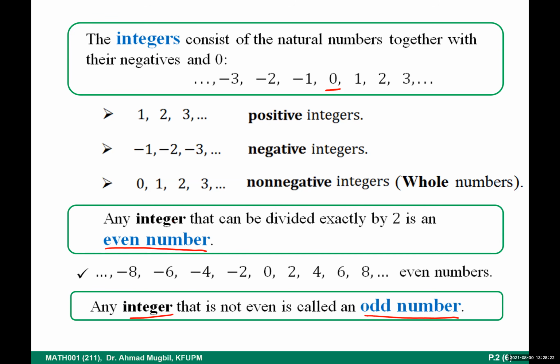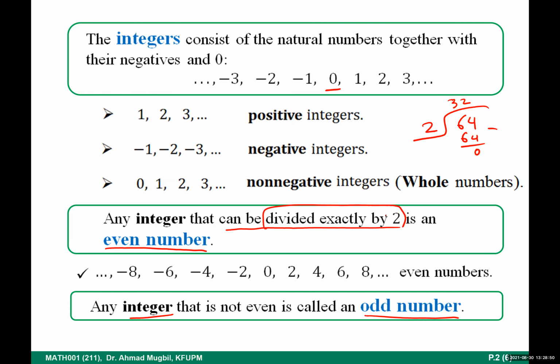So any integer that can be divided exactly by 2, what we mean by that, for example, when you have 64 and you divide it by 2, what do you have? It is 32. When you multiply, you will get 64, and the remainder is 0 when you subtract. So this is the meaning of divided exactly by 2. There is no remainder. The remainder is 0.